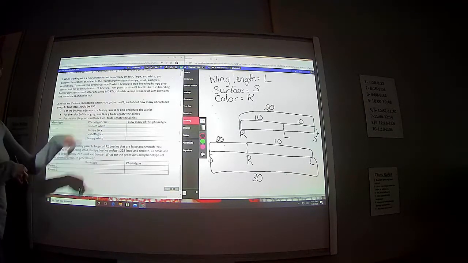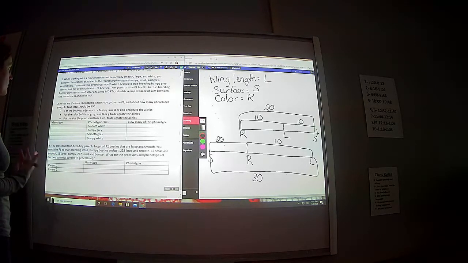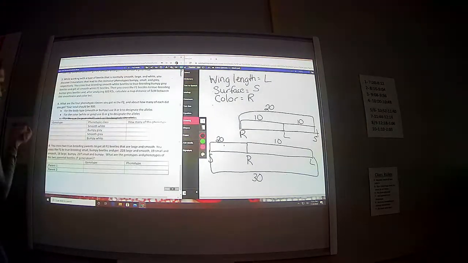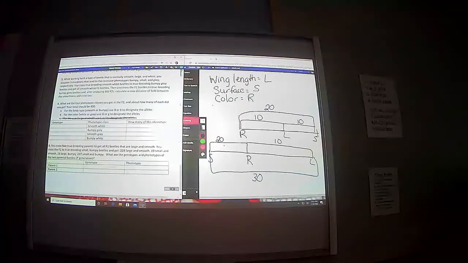So we really don't even need to worry about putting those L's in there because it only told us what the kids were, that they were bumpy and gray. So they're just giving you extra information here. You don't need to worry about whether they're small or whether they're large. We just know that they are bumpy gray beetles.